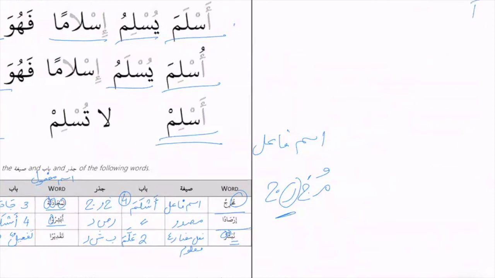Abshara, and then its mudari will be yubshiru, right? Yubshiru. And if I go to anta, that will be tubshiru.